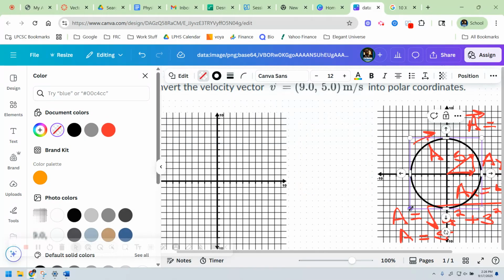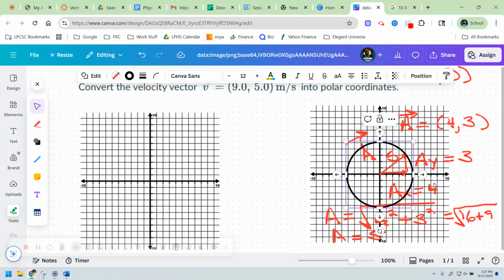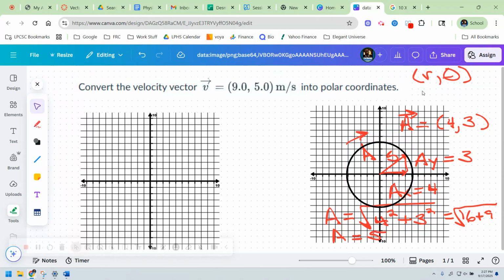Okay? So if I think of this little hypotenuse as the radius of the circle, well then my radius for this circle would be 5, right? Because I found that mathematically. My radius would be 5. Okay? And then the only thing I've got left to do is find the angle.